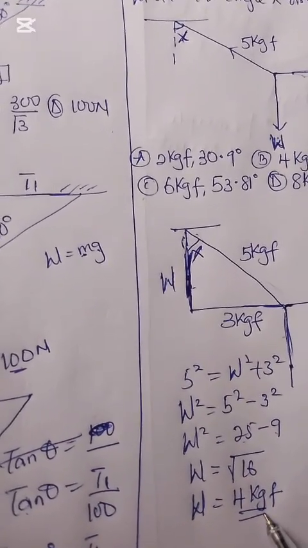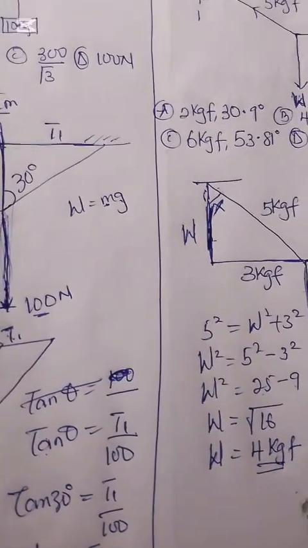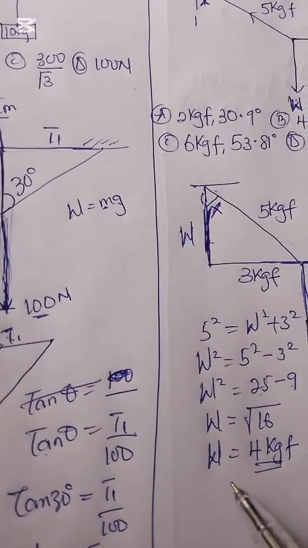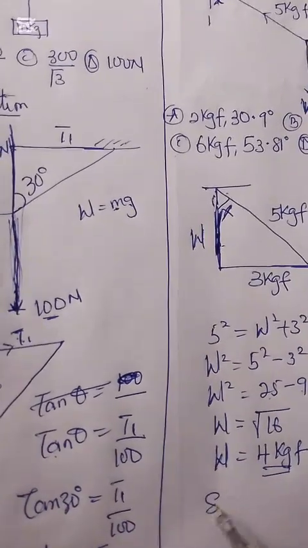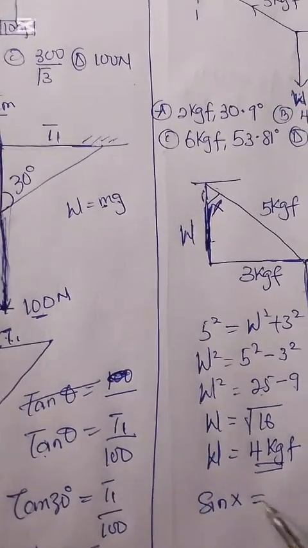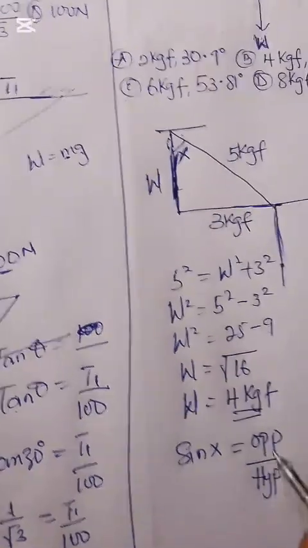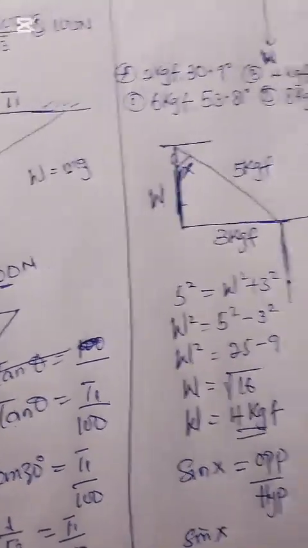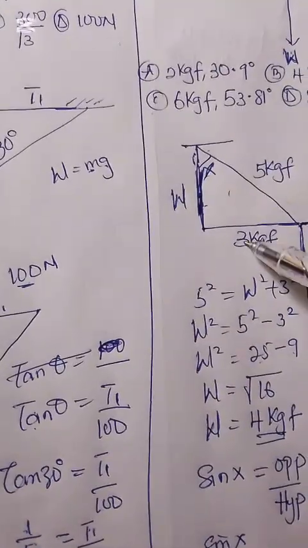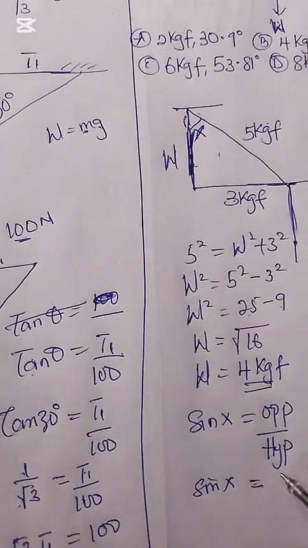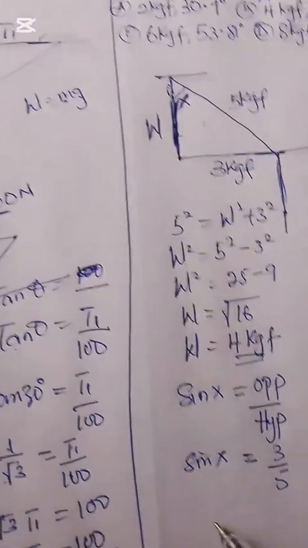Then what of the value of X? To get my X now, I can use SOHCAHTOA as well. So I can say sine X is equal to opposite over hypotenuse. So sine of this X, opposite, which is 3, over hypotenuse, which is 5, which will be equal to 3 over 5.